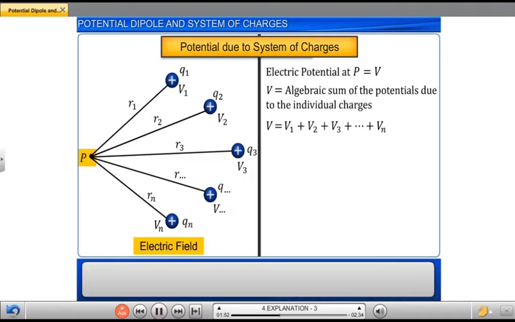Substituting the expressions for the potential at point P due to individual charges, we get V = 1/(4πε₀) × (Q1/R1 + Q2/R2 + Q3/R3 and so on up to Qn/Rn). Let this be equation 8.